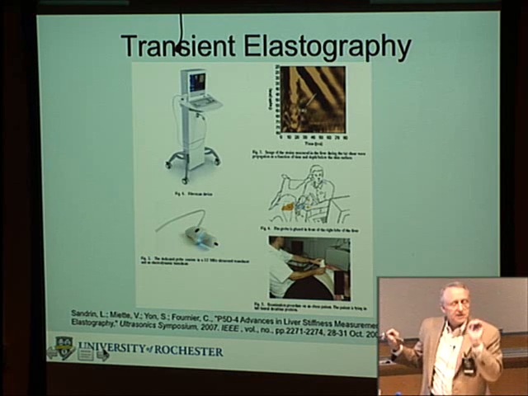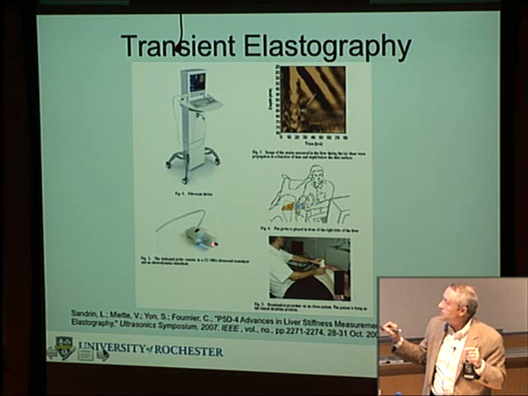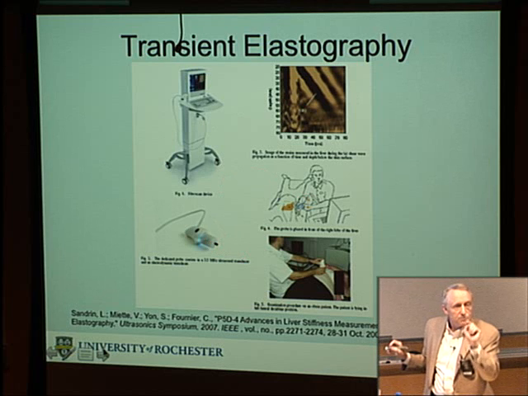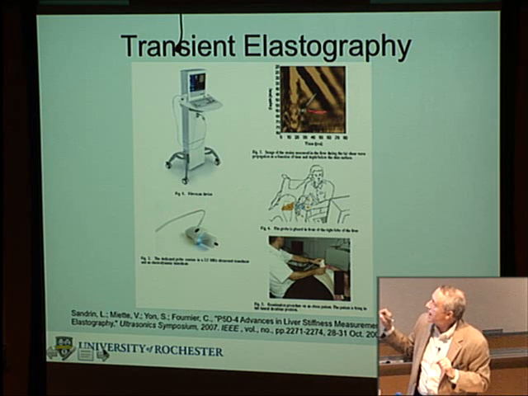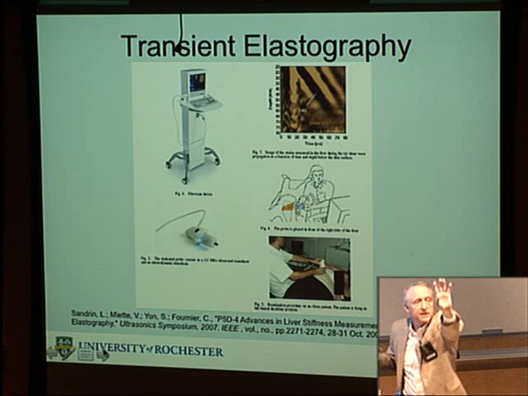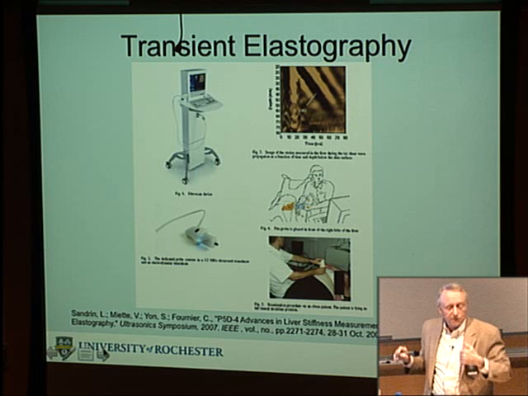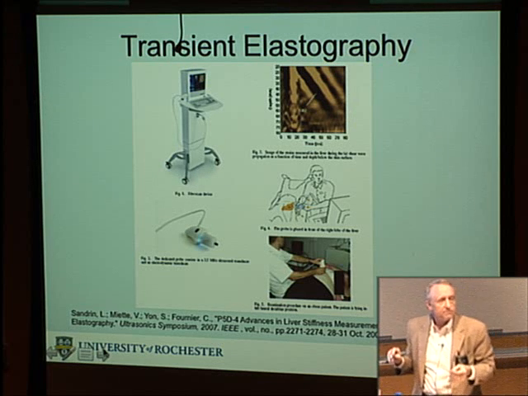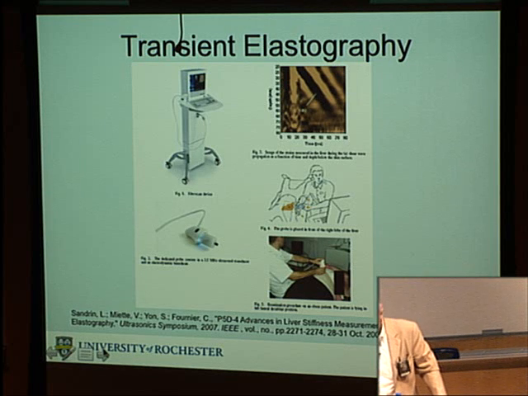The device puts in a little tone burst of shear waves, and then there's an ultrasound pulse echo tracker there too. Not an imaging device, just a tracker. It tracks the shear wave as it propagates out through the liver. Then it calculates the velocity, and then it reports the number. So your liver has a certain stiffness.